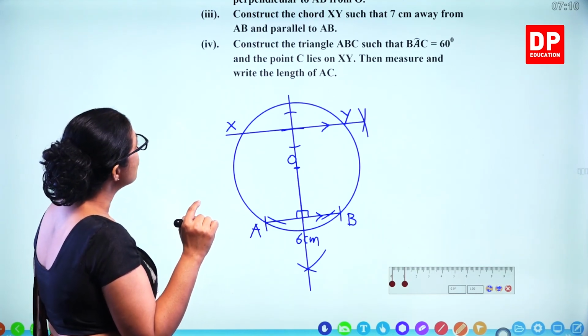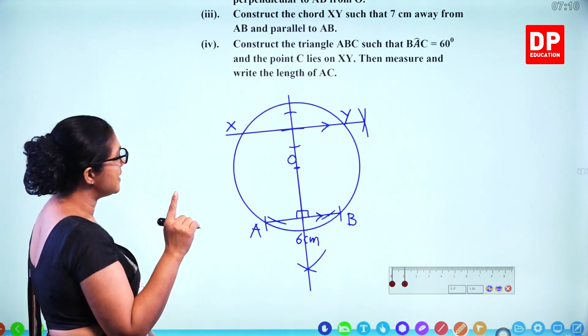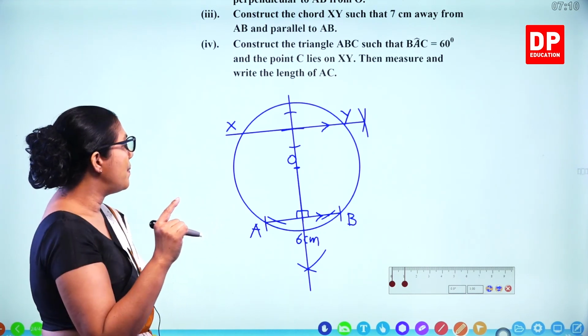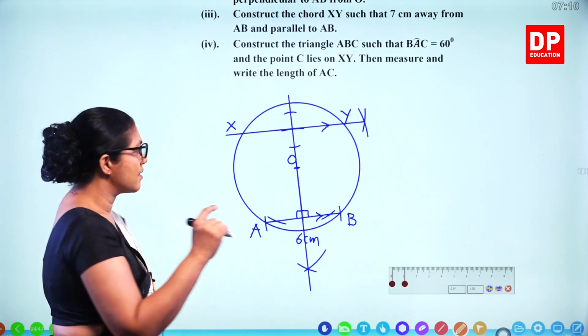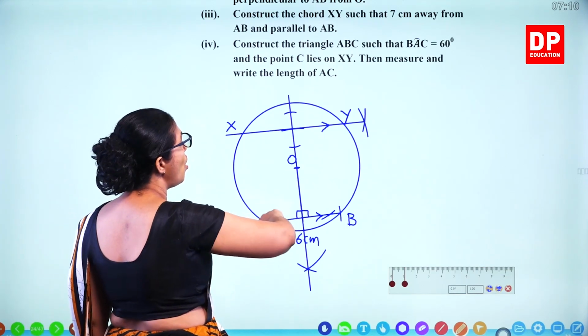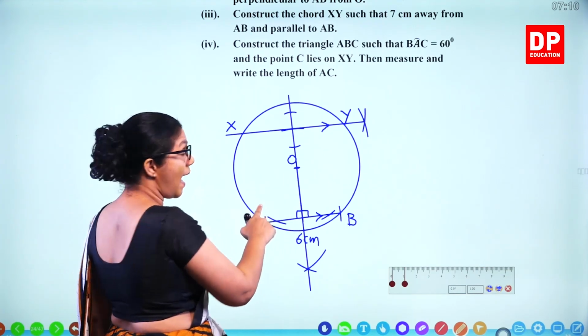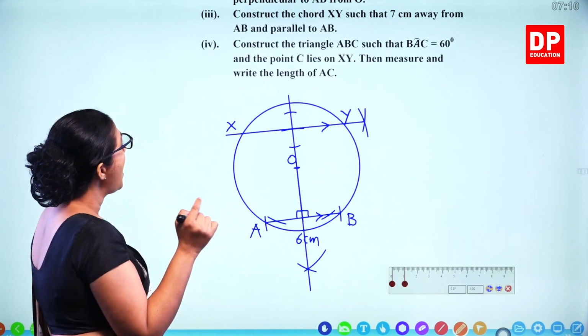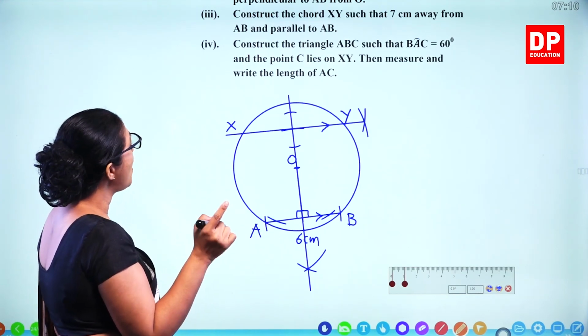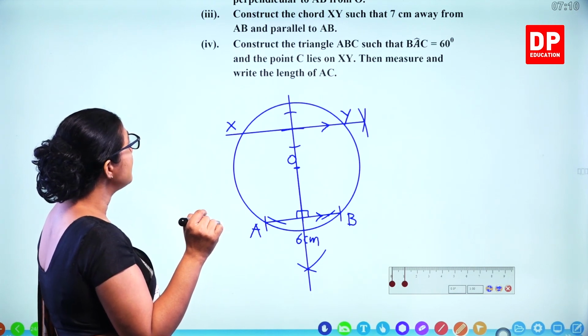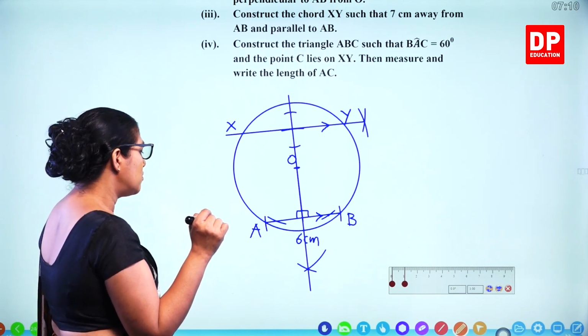Then it says, construct the triangle ABC such that angle BAC is 60 degrees. So you have to draw a line such that the angle at A is 60 degrees and the point C lies on XY. Then measure and write the length of AC. So let's do that.